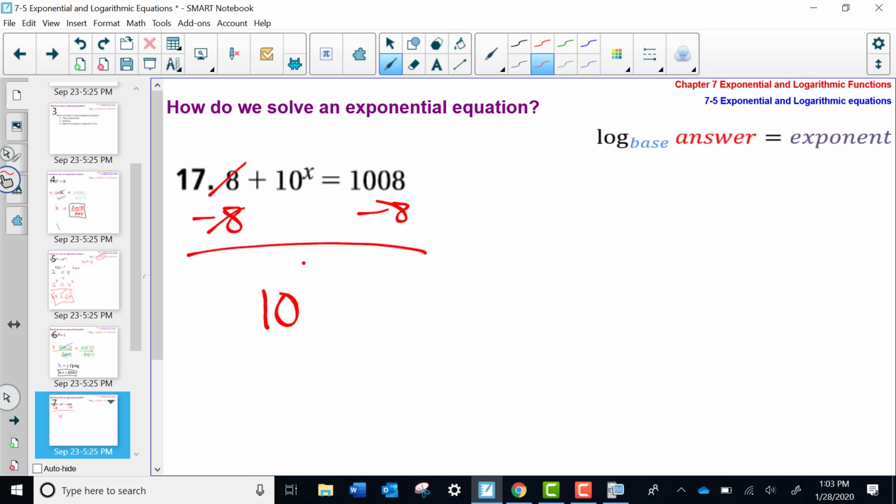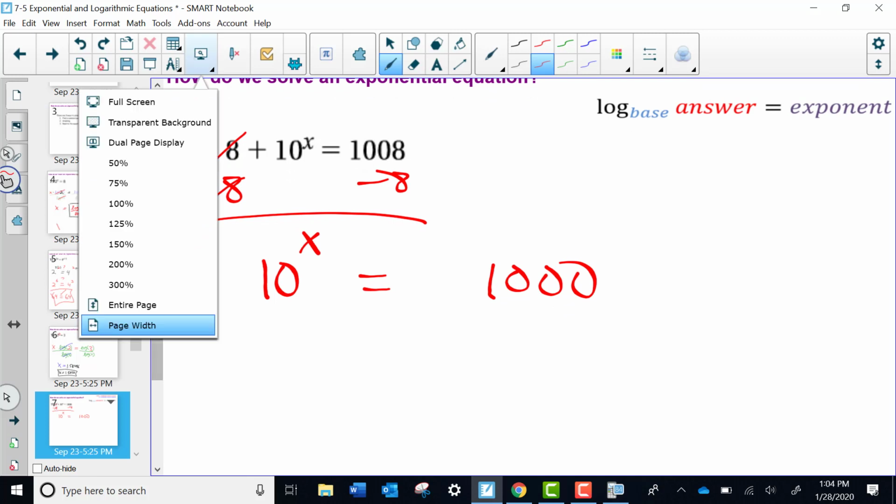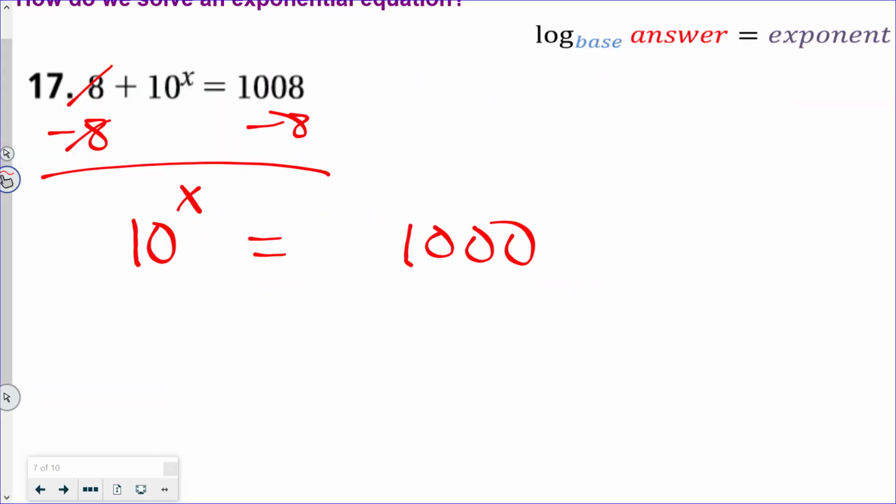10 raised to the x power equals 1,000. Now, here, since 1,000 doesn't have an exponent other than 1, Danielle, we have options. We could use this one here if we want to, or we could do it the way we've been doing all the other ones. So let's just keep it the way we've been doing it. We'll bring the x down to the base level.